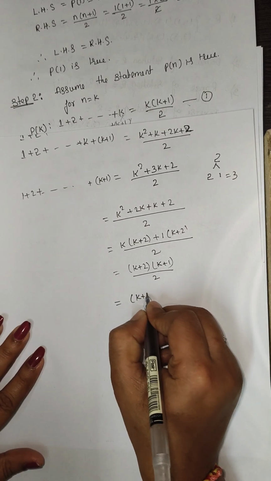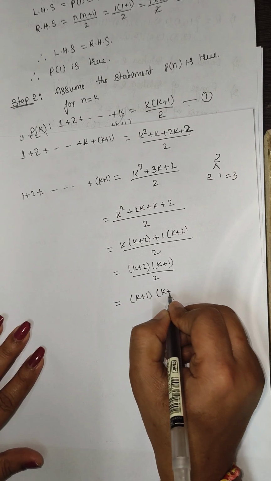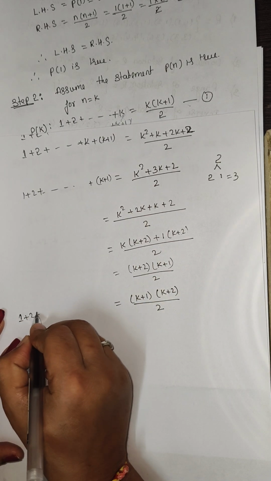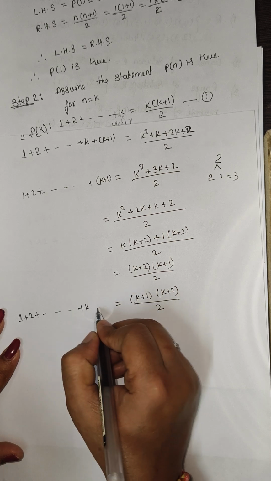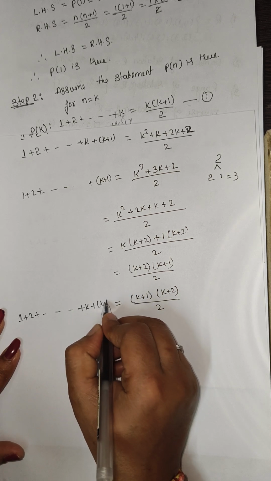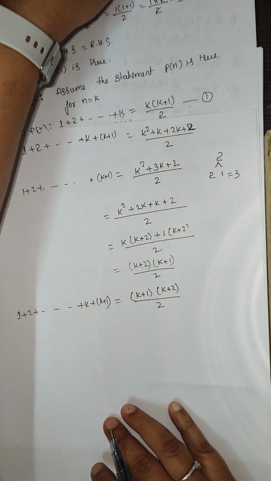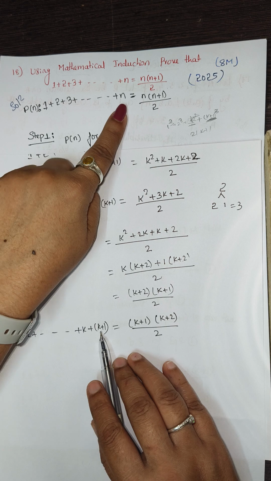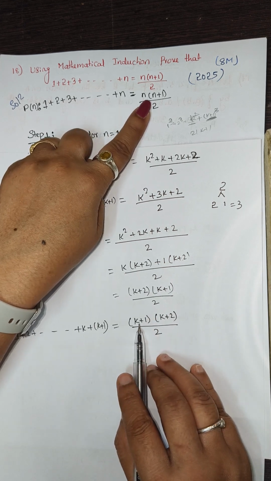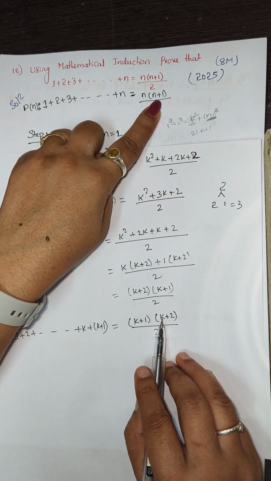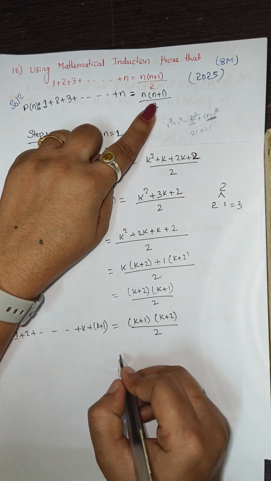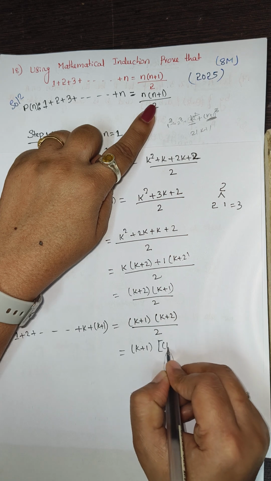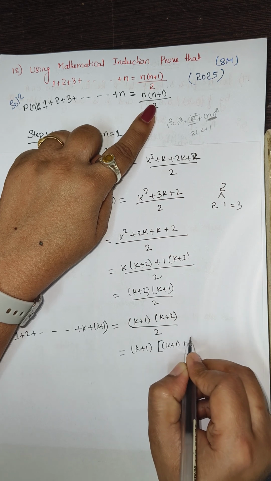First I will write k plus 1, and this is k plus 2, divided by 2. Now just watch, we got the same equation. When it is n, n changes to k plus 1. Here also n changes to k plus 1. It is n equals k plus 1 plus 1, that is k plus 2. Otherwise you can write it like this: k plus 1 plus 1, it is k plus 2 only.